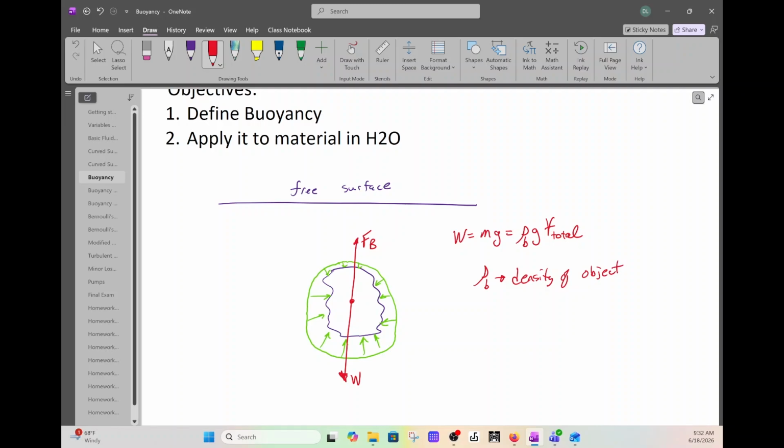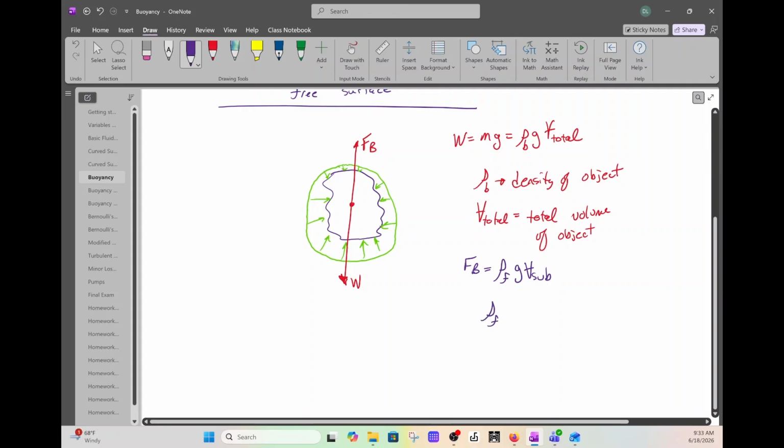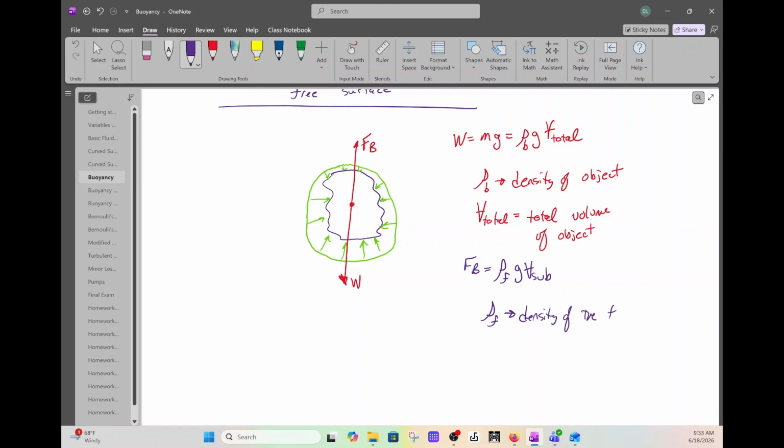V total is the total volume of the object. Now the buoyancy force would be the density of the fluid times gravity times the volume submerged, where density of F is the density of the fluid, and V sub is your submerged volume.